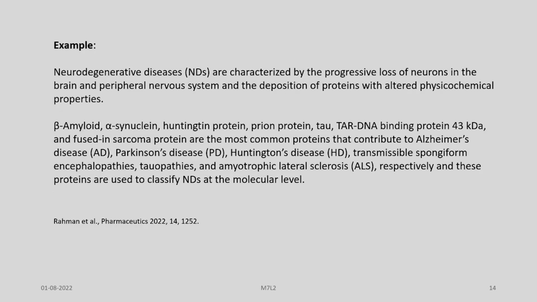So, CRISPR Cas9 technology is a versatile technology, as you know. It can be used in various kinds of gene therapies, particularly those controlled by monogenic genes.